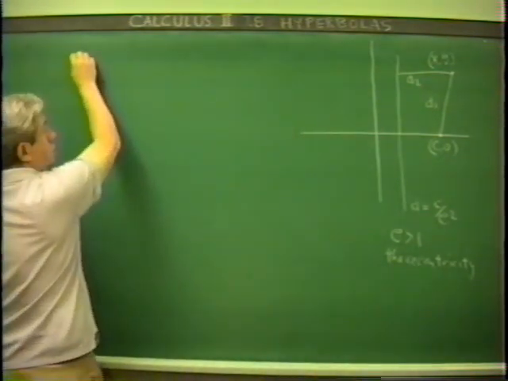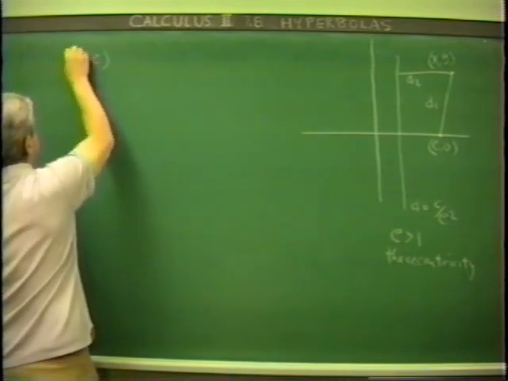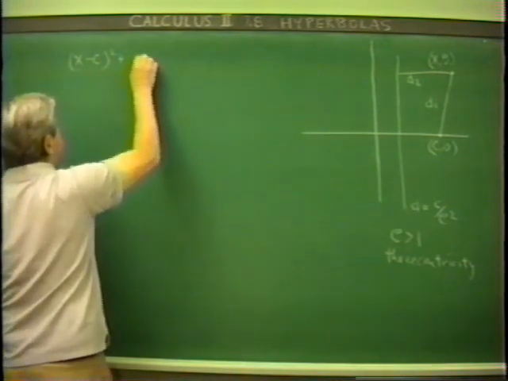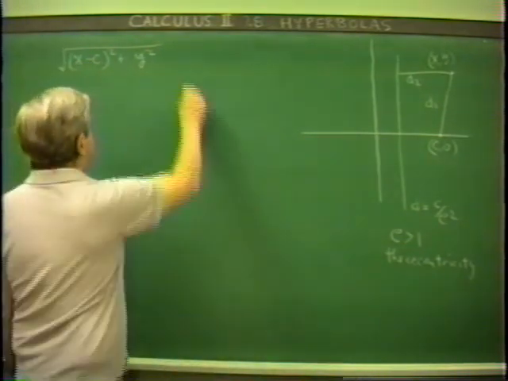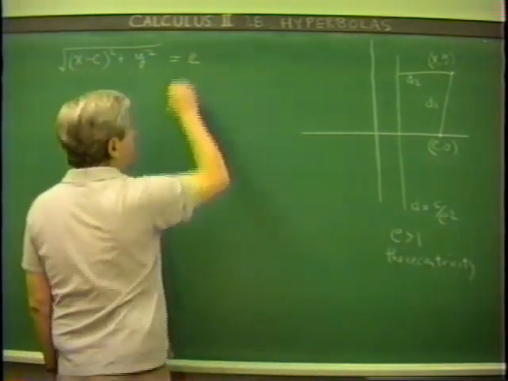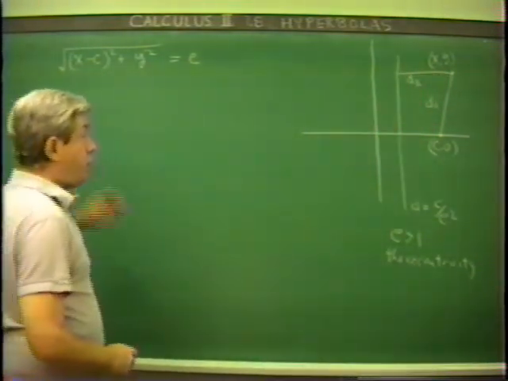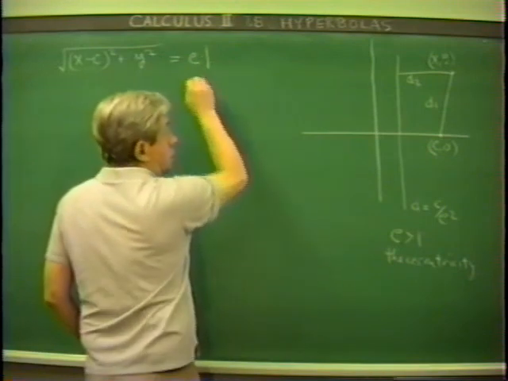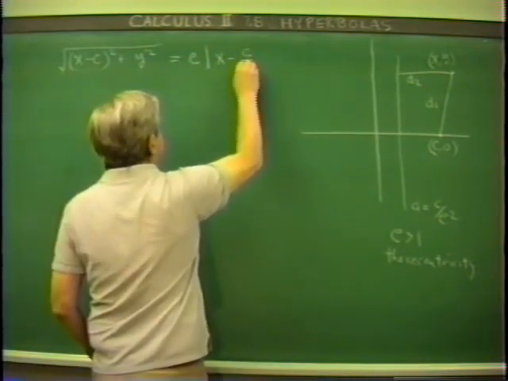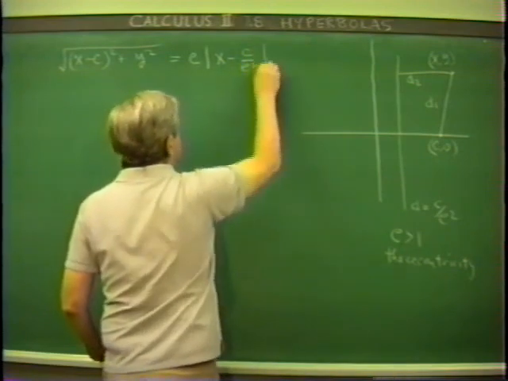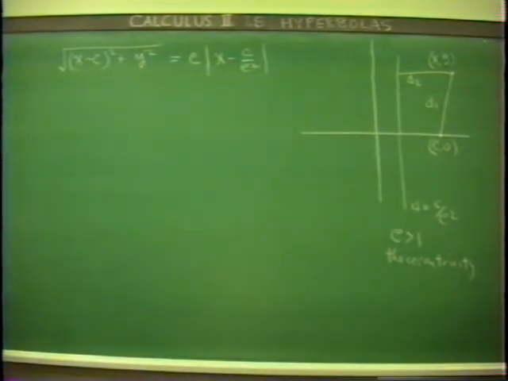Then what we wish to have here is that this distance d1, which is the square root of x minus c squared plus y minus 0 squared, or y squared, is equal to e times the distance from the point to the directrix, which is going to be the absolute value of x minus c over e squared.